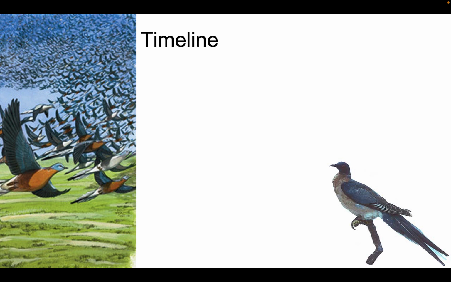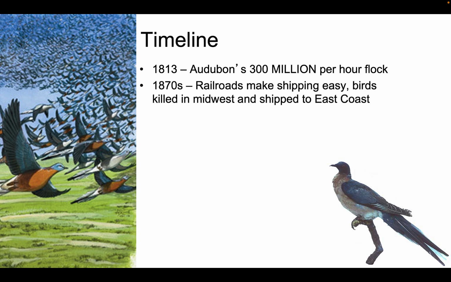So if we look at the timeline for this, it's very alarming. 1813 was when Audubon saw this flock, and this was the most abundant bird in North America at that time. In the 1870s, the railroads moved into the Midwest, which was the area where the passenger pigeon was most common.